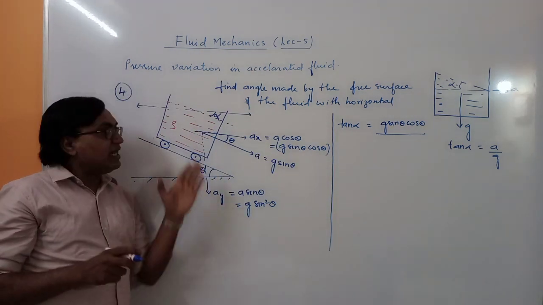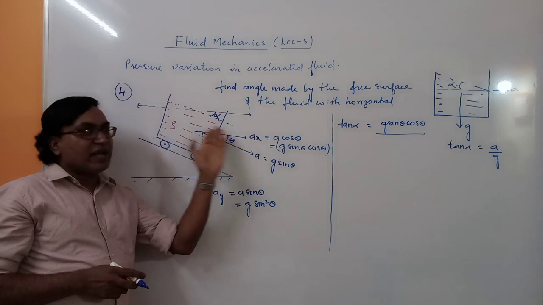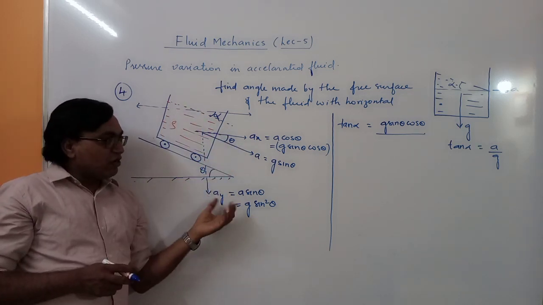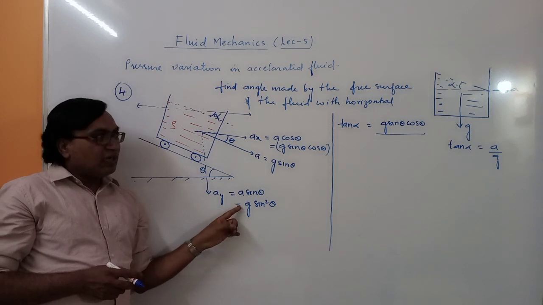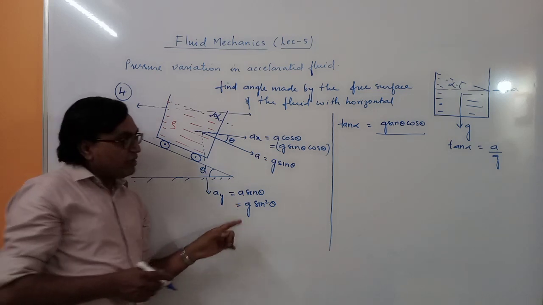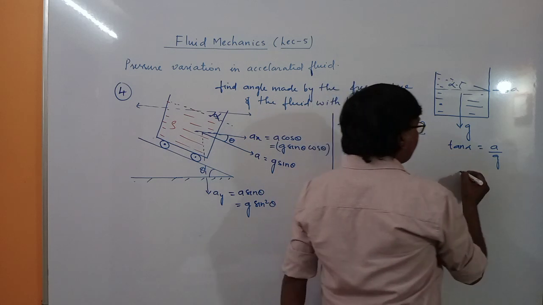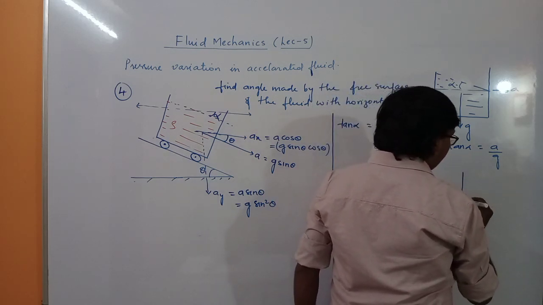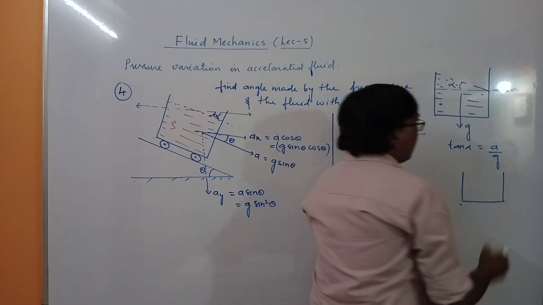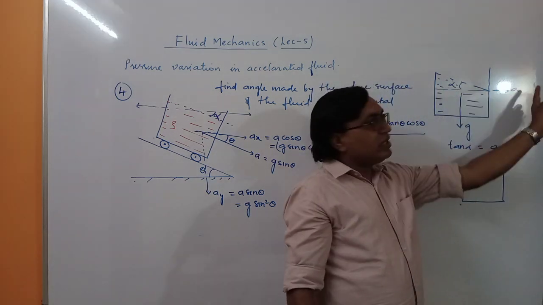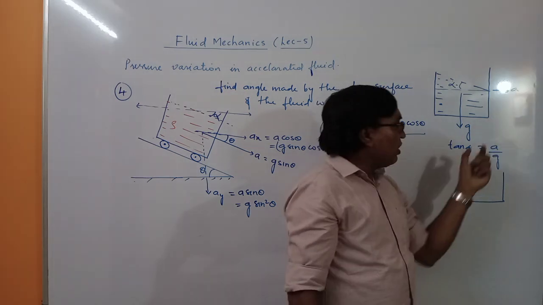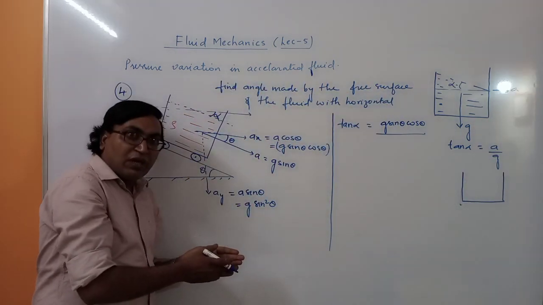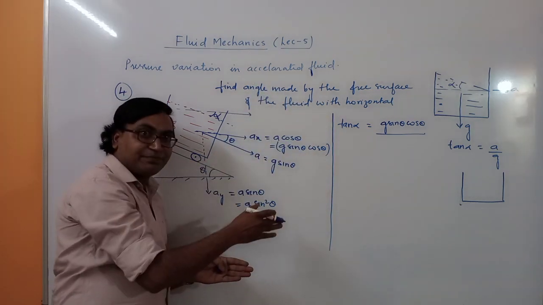So we are assuming that this container is accelerating along x as well as accelerating along y. So now when it is accelerating along y direction, then the effective acceleration will be, so as we have seen, in that case acceleration was only along horizontal direction. Now in this case we have acceleration along horizontal as well as along vertical other than g.